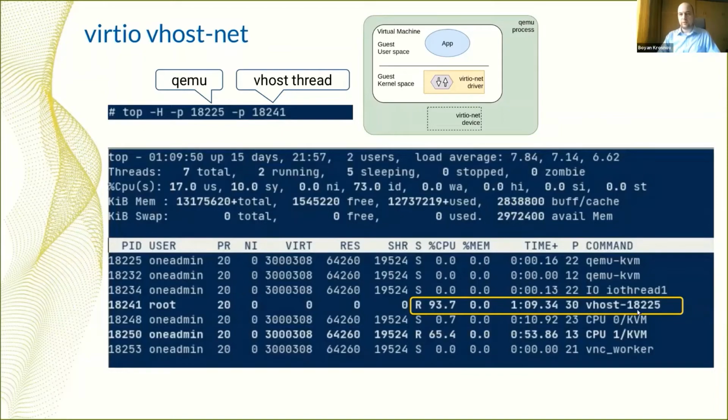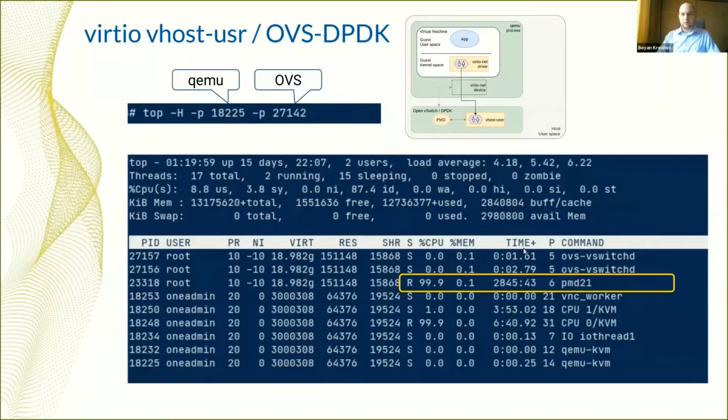Right, so this is the in-kernel thread. And this is the other approach. In this approach, you get CPU used by the KVM virtual machine, so this is the workload and the virtio-net driver, and CPU used by Open vSwitch. And remember, this is in a loaded case. In this approach, there is always a dedicated CPU core which you've set aside for virtual networking, right?